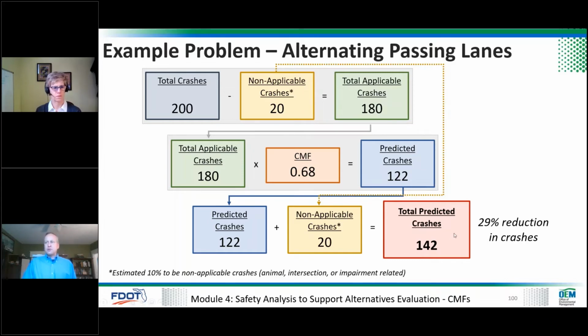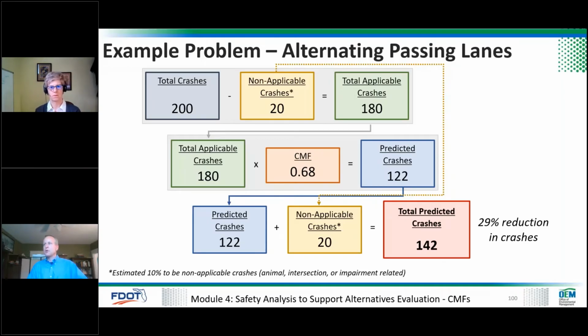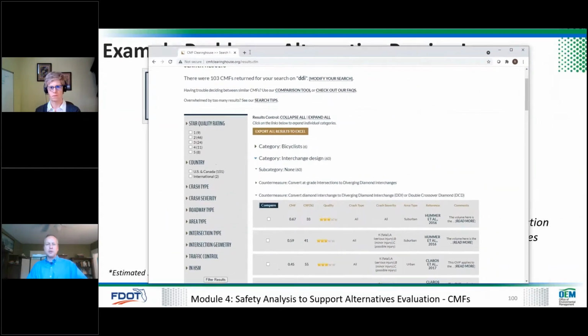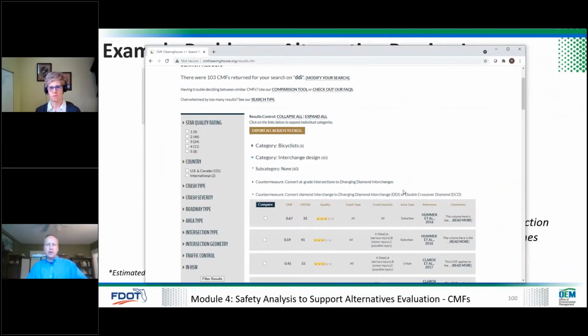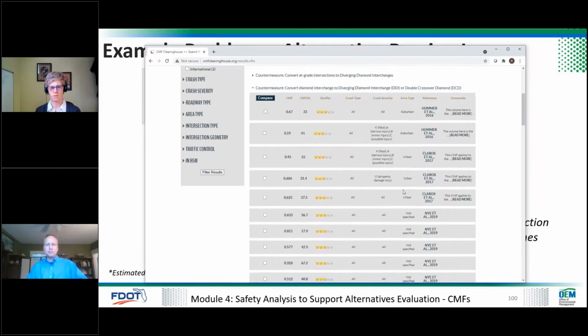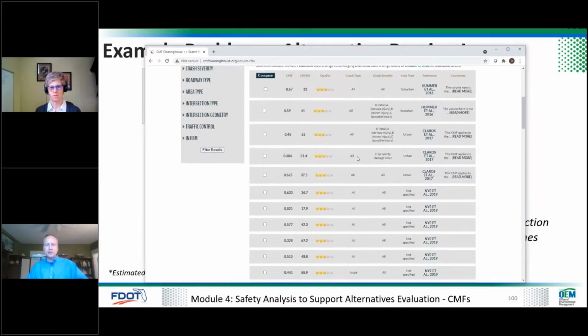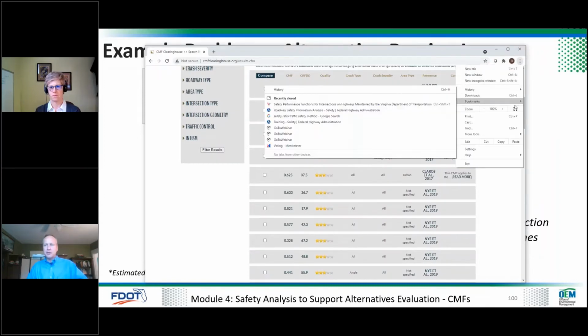Other ones, Adam? I'm inclined to pull up the clearinghouse here. I'll zoom in.